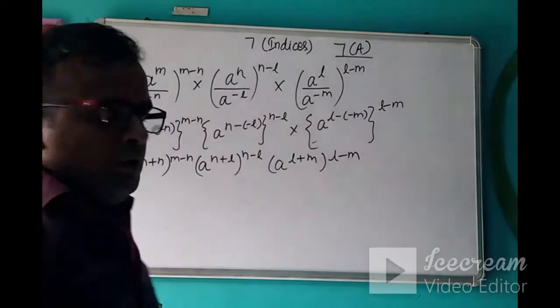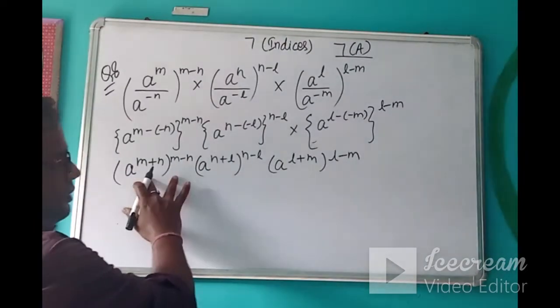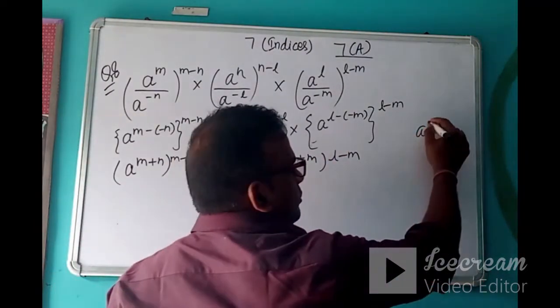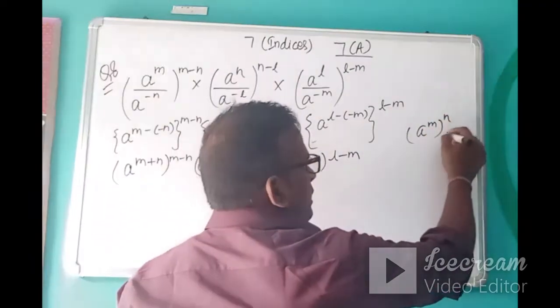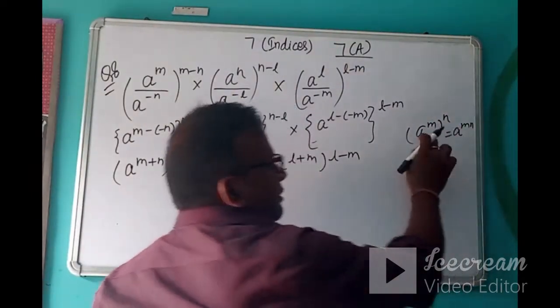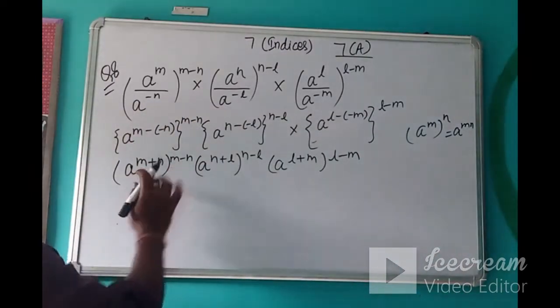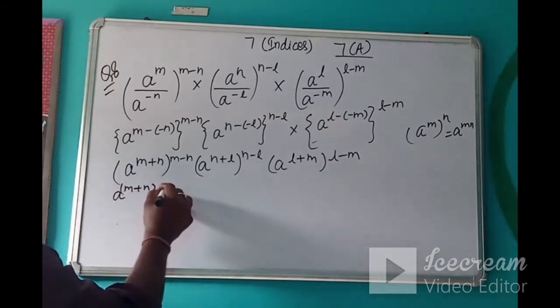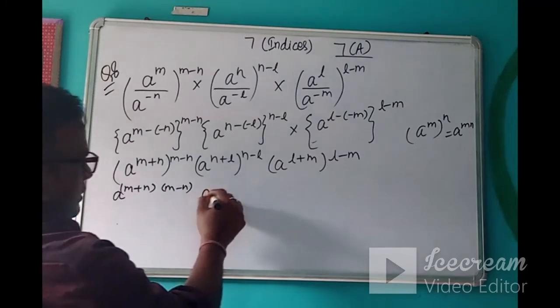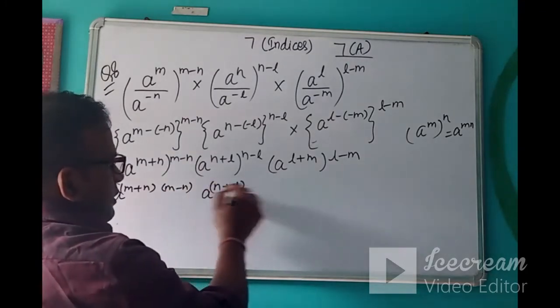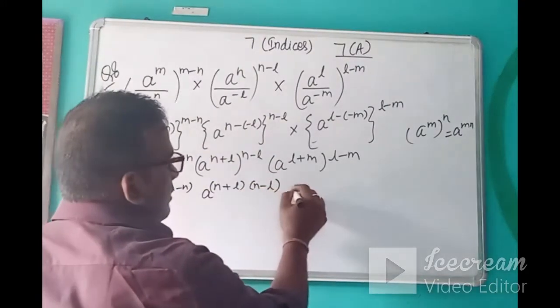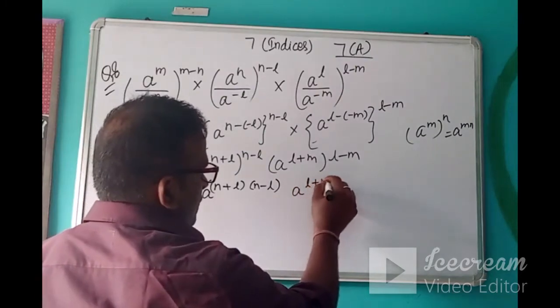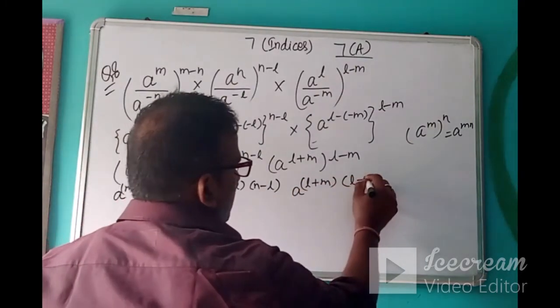Then afterwards what we will do? We will use this law of exponent, (a^m)^n is a to the power mn. We will multiply these two powers. So you will get m plus n into m minus n, then n plus l into n minus l, l plus m into l minus m.